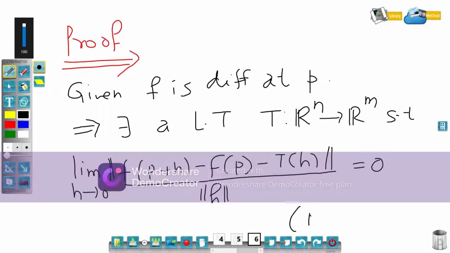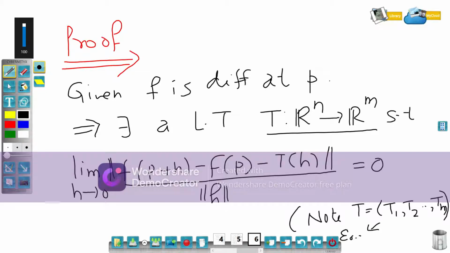Here note that T is a function from Rn to Rm, so T has m components, T1, T2, up to Tm, and each Ti is a linear transformation, which should be noted.